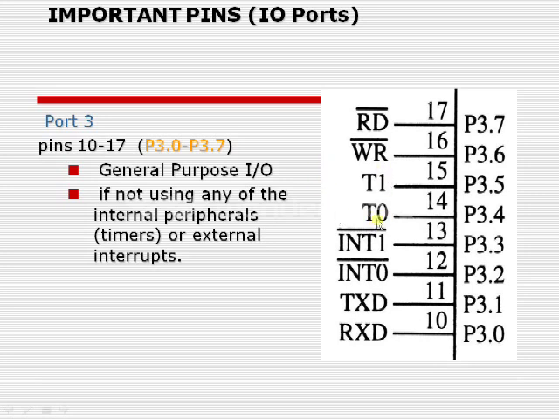T0 and T1 are timer pins, and we'll discuss them when we discuss timers. Then we have WR bar and RD bar, which are mainly used for connecting external RAM. Here WR bar is connected to WR bar pin of the external RAM, and RD bar is connected to OE bar pin of the external RAM.